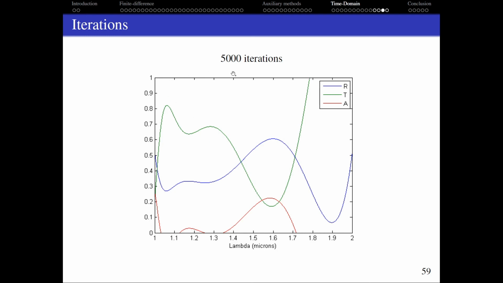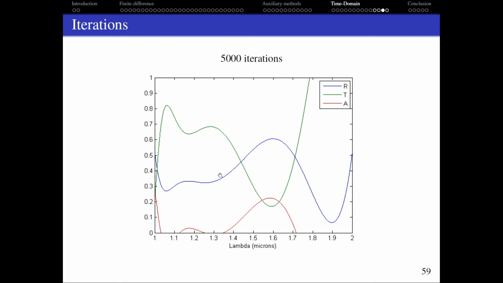This is an actual case with a nanorod that is resonating at this wavelength. So this is a grating of nanorods. Those are the reflection, transmission, and absorption that I got from the simulation after ending it at 5,000 iterations.